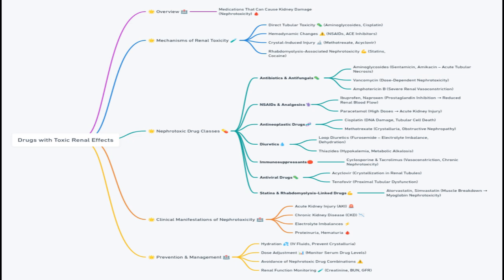High trough levels, for example, more than 50 milligrams per liter, long duration of therapy, and concomitant administration of other nephrotoxins, like the aminoglycosides I talked about, are significant risk factors. Given its wide use, clinicians should be aware of this risk and should be monitoring patients for development of nephrotoxicity.